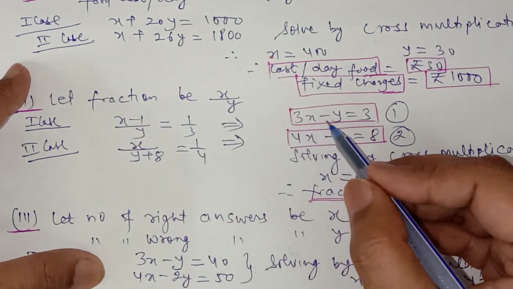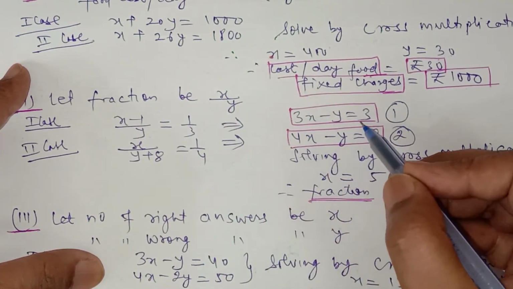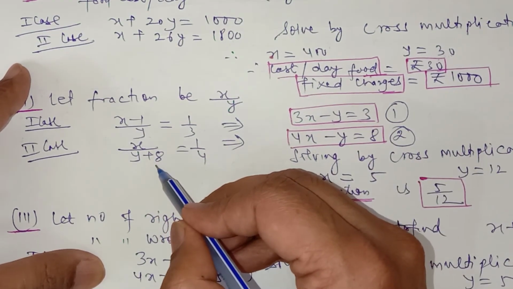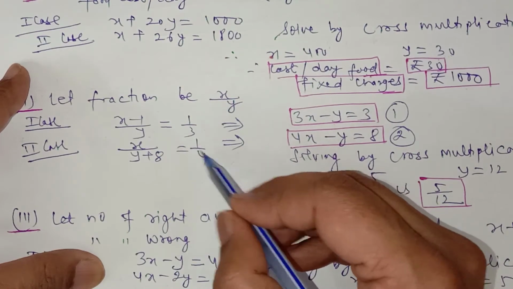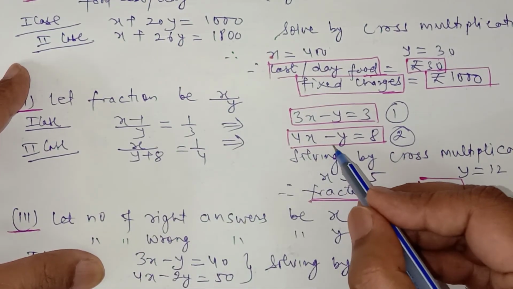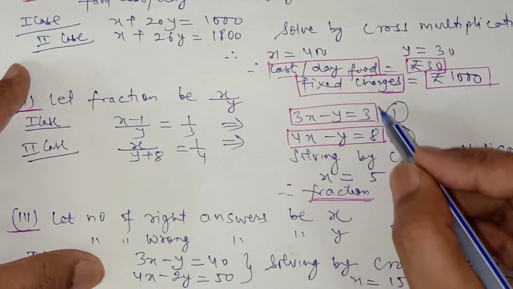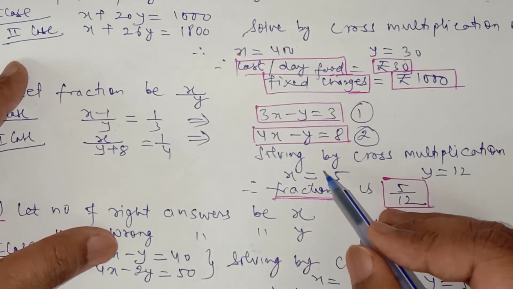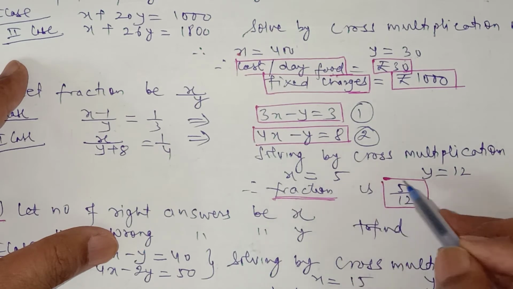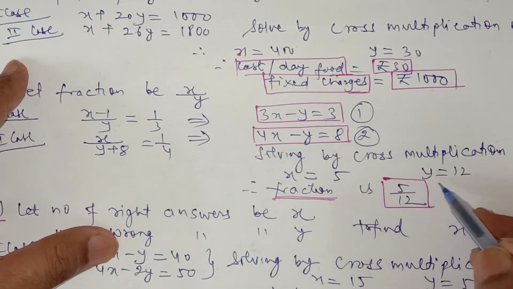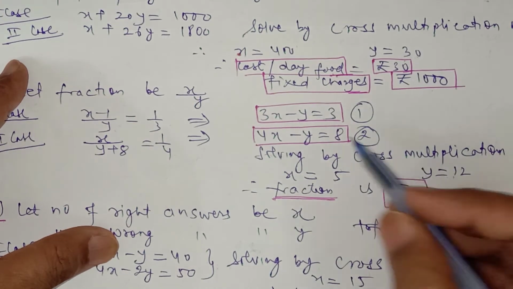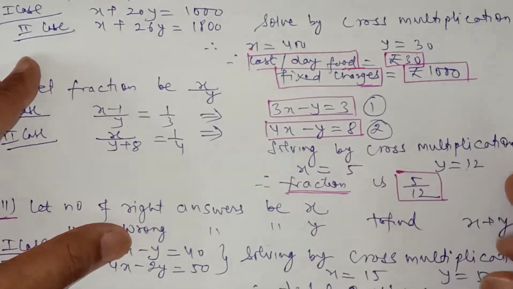Cross multiply and arrange, we get the equation 3X minus Y is equal to 3. In the second, when we add 8 to the denominator, the fraction becomes 1 upon 4. Cross multiply and arrange, you get the second equation. Now you solve these two equations by cross multiplication method to get the values of X and Y. We get X as 5 and Y as 12. It means the fraction X upon Y is 5 upon 12. You take your own time to solve these equations.